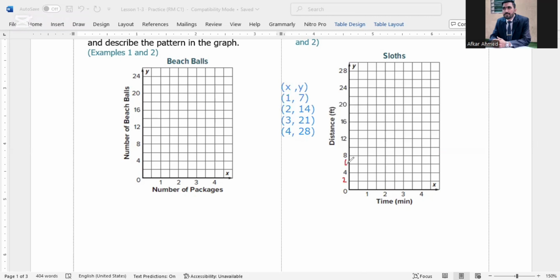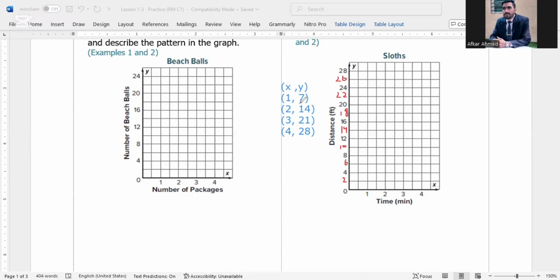Between 4 and 8 this line will be for 6, and this line will be for 10, and this line will be for 14, and for this one this line will be 18, and this line will be 22. Okay, and this line will be 26.